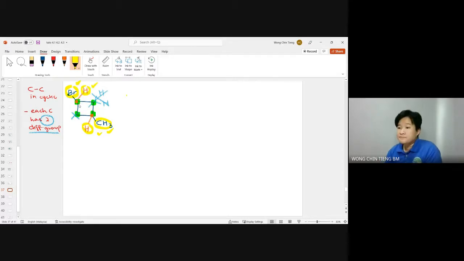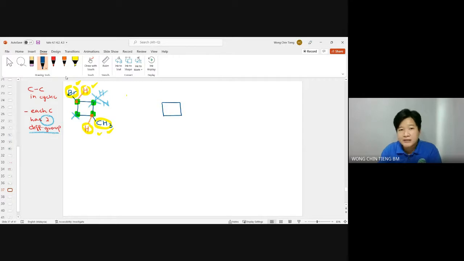Saya bagi susunan macam ni sebab dalam nota saya rasa saya bagi dalam diamond. Tapi sekarang, bila dia tak bagi diamond, katakan untuk soalan segi 4 macam ni, nak lukis macam mana? Tak payah lukis diamond pun tak apa. Still boleh lukis macam ni.